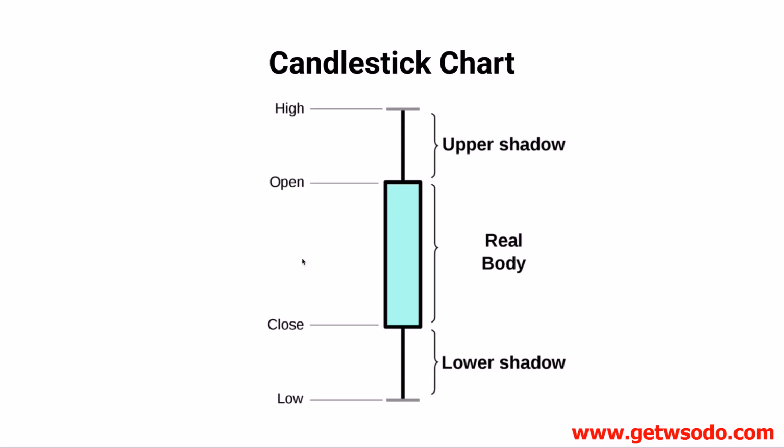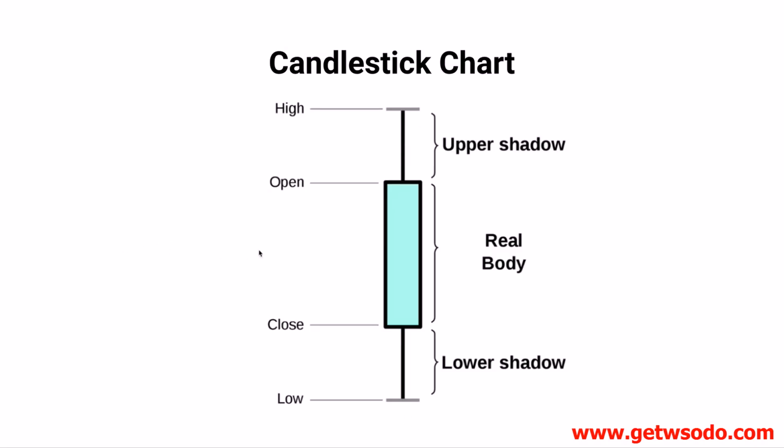And so for a green candle, it's actually the opposite. The open price is here, and the close price is here. Okay. And then the high price during the period is this price, and the low price during the period is this price. And then for the opposite, if it's a red candle, if the price went down, this would be the open price, the close price, the high price, and the low price.